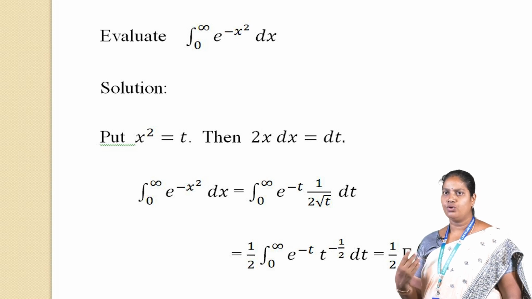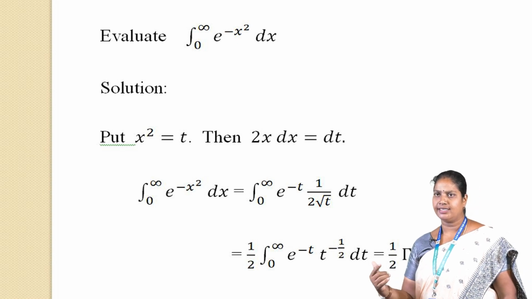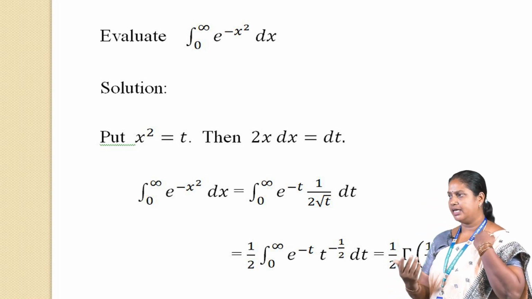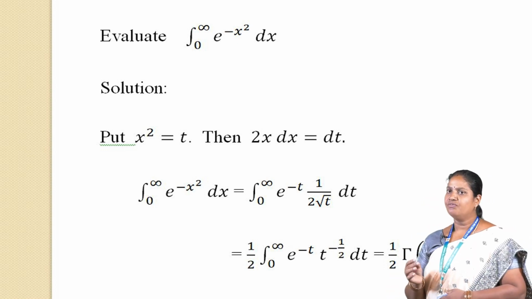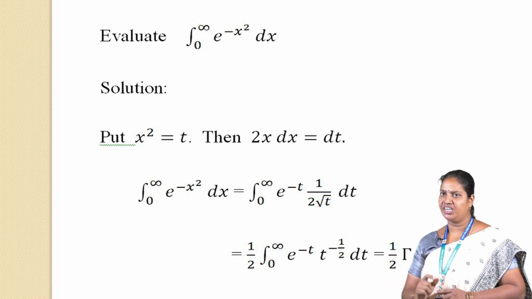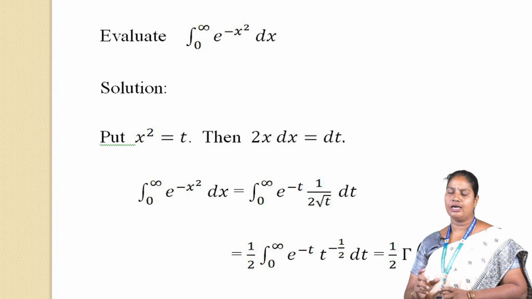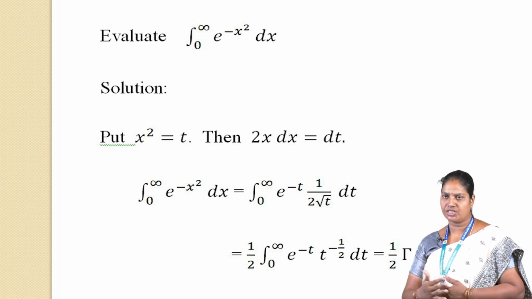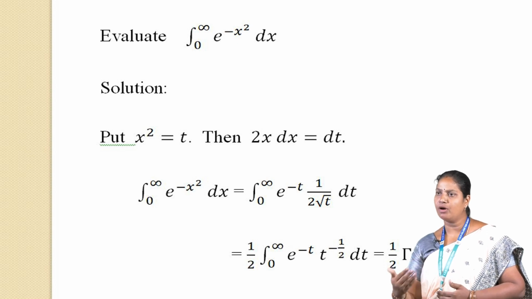Evaluate integral 0 to infinity e power minus x square dx. If we are given a problem like this, first we have to try to see the limits. Here the limits are 0 to infinity. So we have to observe that it should be a type of gamma function. First we try for the gamma function.